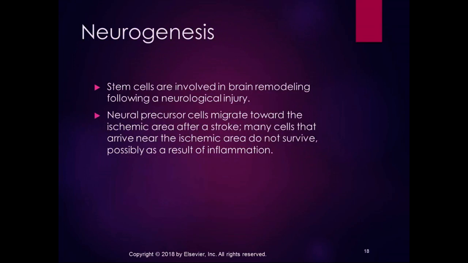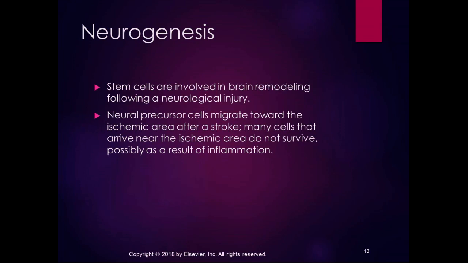So stem cells are involved both in brain remodeling following neurological injury and in development of new neural circuits. So neural precursor cells migrate towards the ischemic area after a stroke, and many cells that arrive near the ischemic area don't survive, possibly as a result of that inflammation or that excitotoxicity that we talked about a couple slides ago.